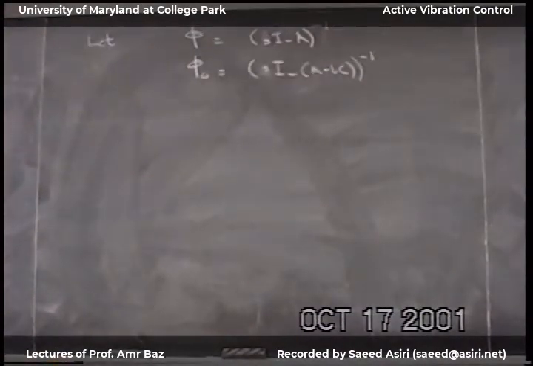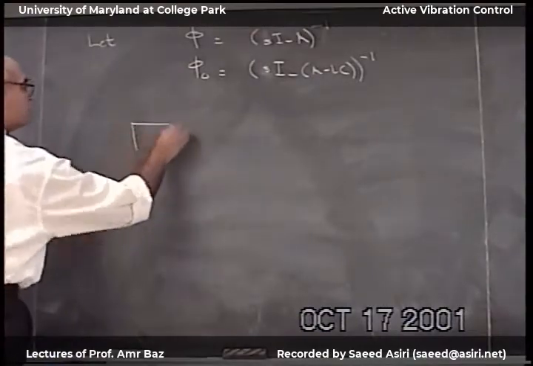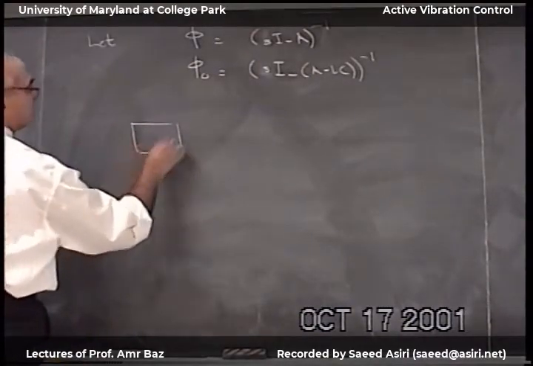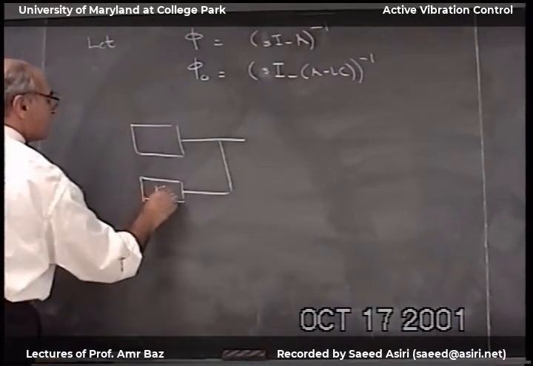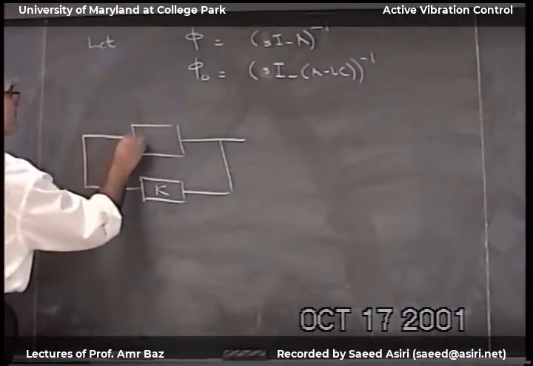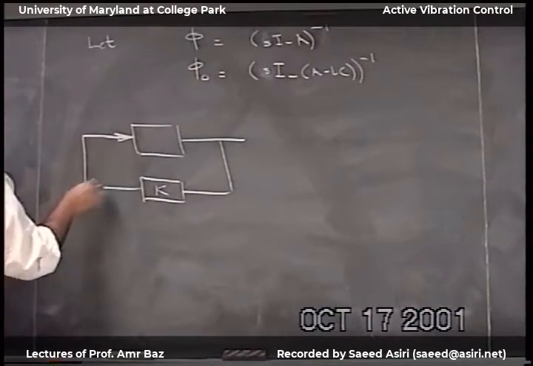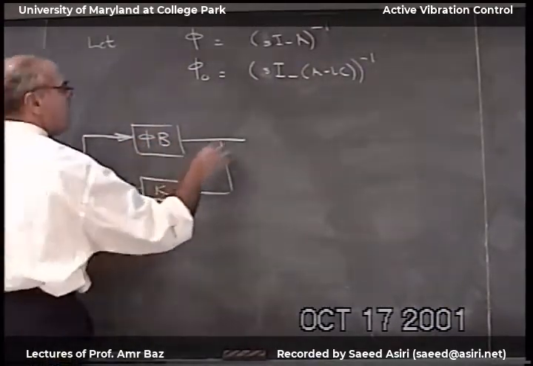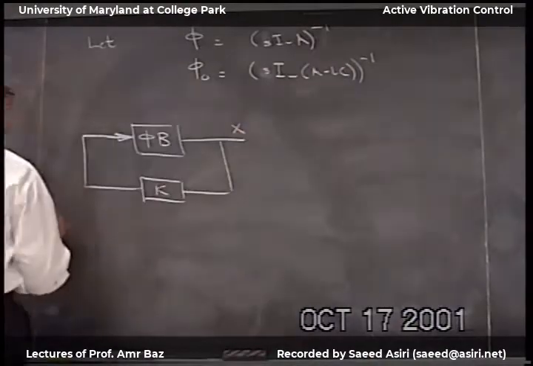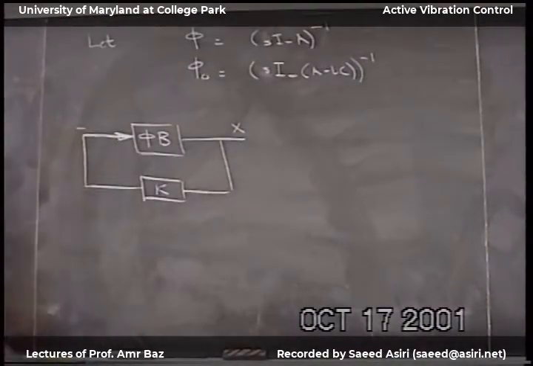And now this block, the LQR, with B, and this is X, and this is negative.